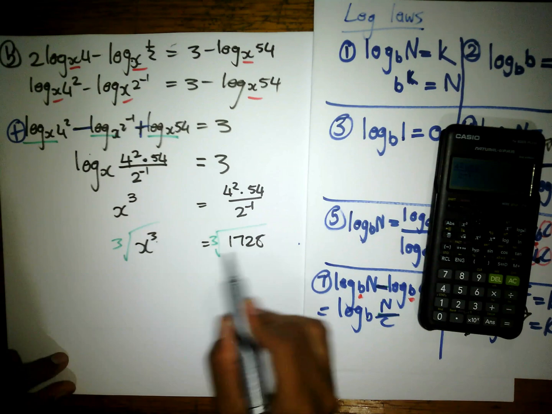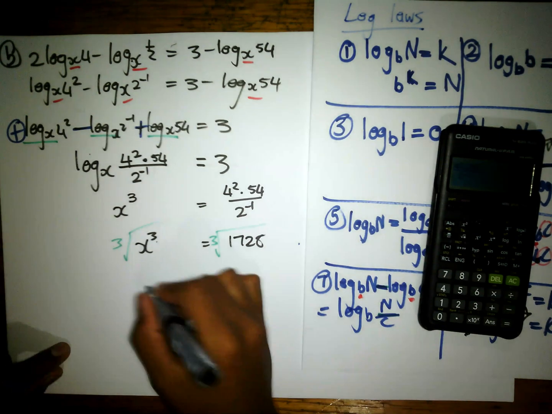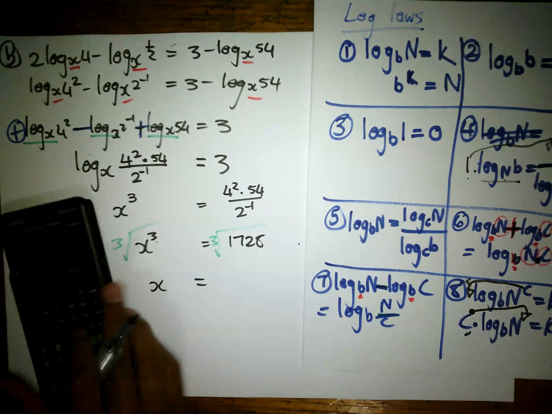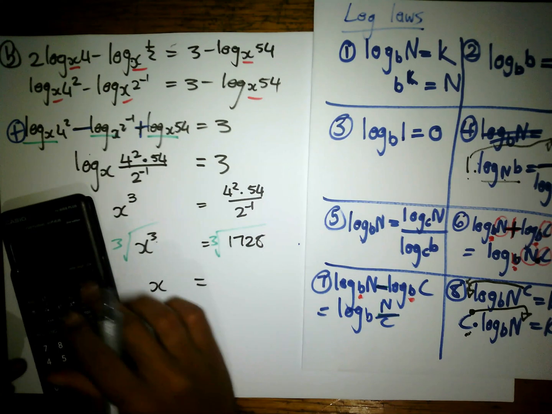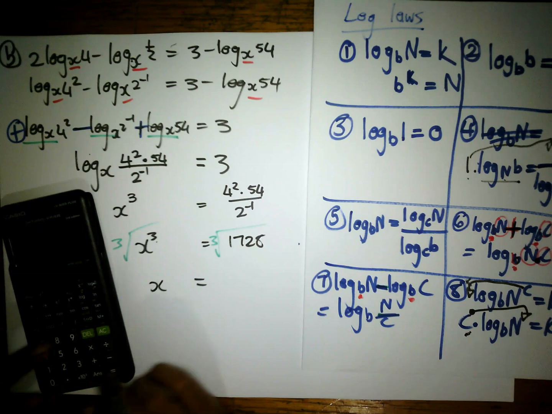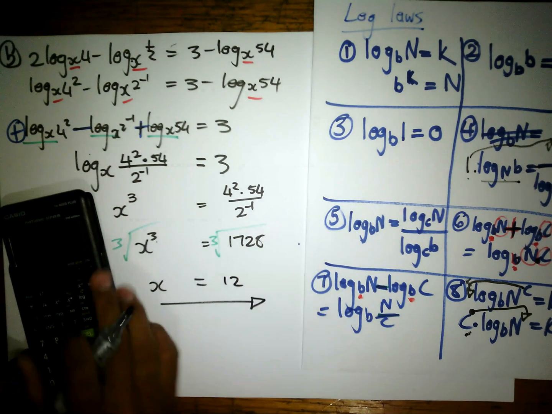You can't just say x equals that and you finish. No, you can't. So x, then cube root of that, I think it's 12. 1728, cube root is that one. Yes, 12. That's your final answer.